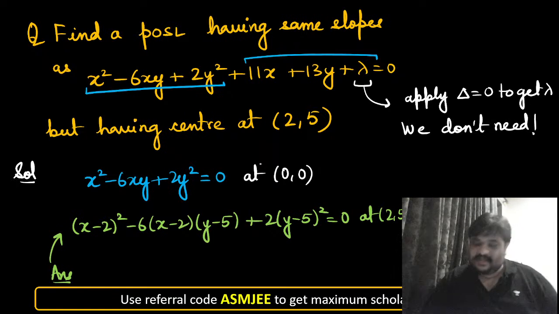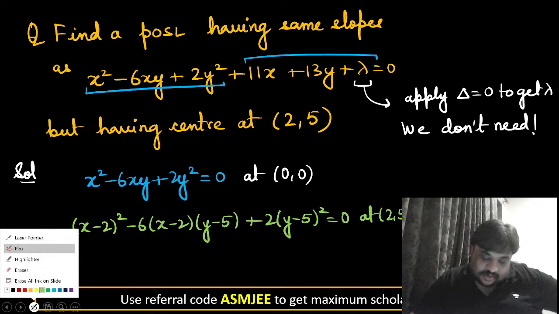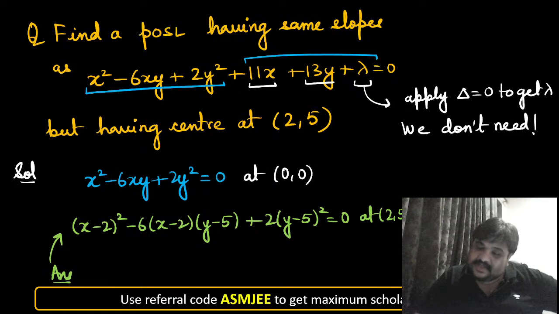Those of you who are saying that I'll put 2 comma 5 here and then find lambda, have you ensured that after putting 2 comma 5 here, it is a pair of straight lines? How can you assume that at 2 comma 5 center these terms will be 13 and 11 only? That you can't assume.